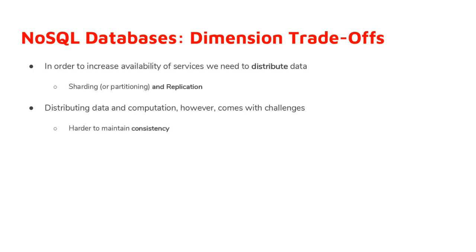However, when you start with distributing data and also computation, there are some challenges, and the main challenge is consistency. If you're going to copy 2 copies of the same data to 2 servers, and then it changes on one server, you have to make sure that on the other server, you have to update that copy.